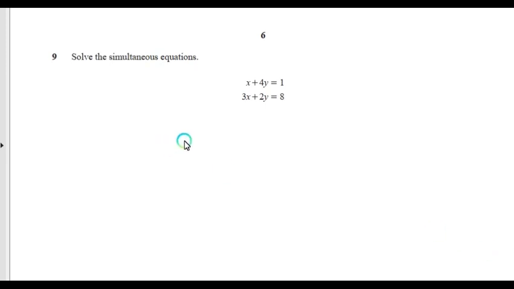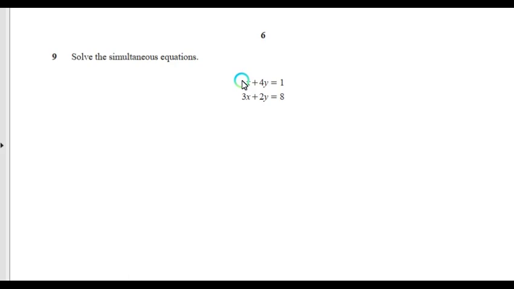Okay, the next question is solve simultaneous equations. So we have linear equations and we have to solve them. Solving means finding the point of intersection of these two straight lines, and this time I'm going to use the elimination method, in which we eliminate either x or y. To eliminate x, we need to equate the coefficients of x.